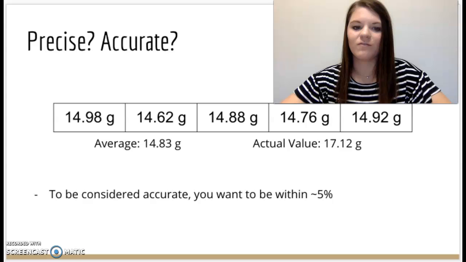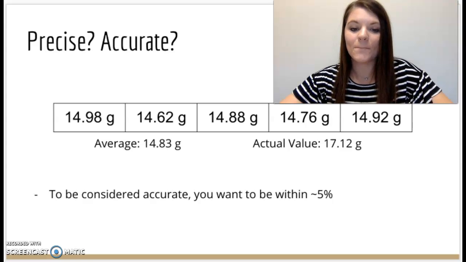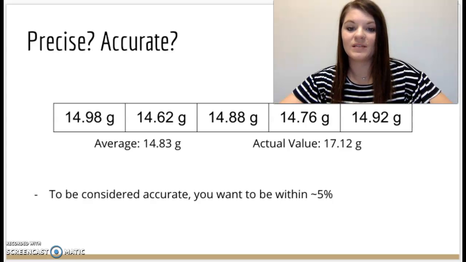Okay, so these are 5 values that I have, 14.98 grams, 14.62 grams, and so on. You can read, okay? So if my average of these 5 values is 14.83 grams, and the actual value, or the accepted value, which is our bullseye, is 17.12 grams, would this be accurate or precise?